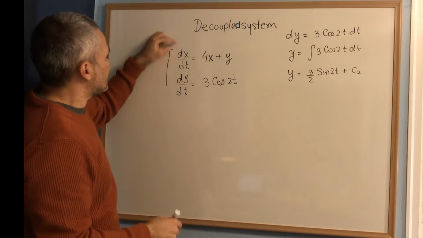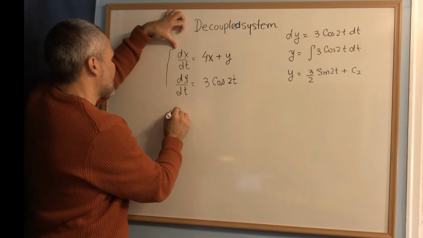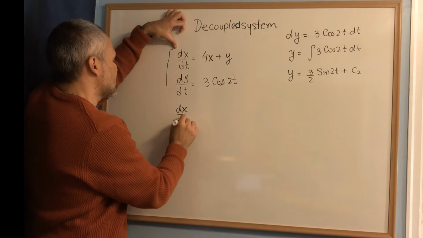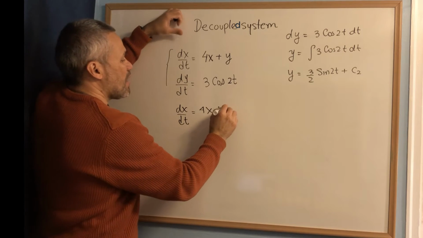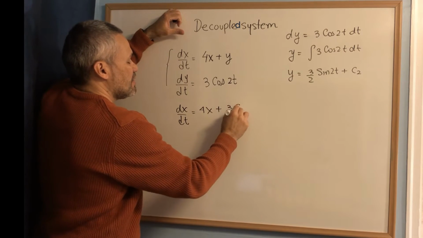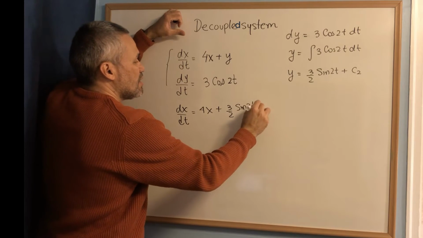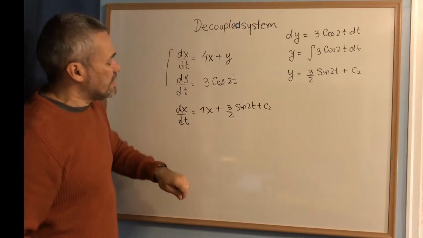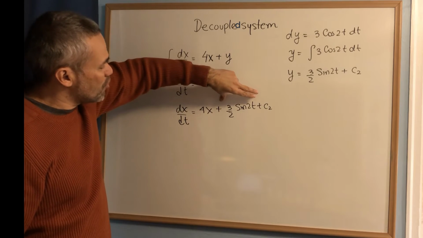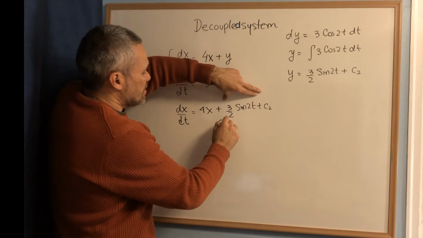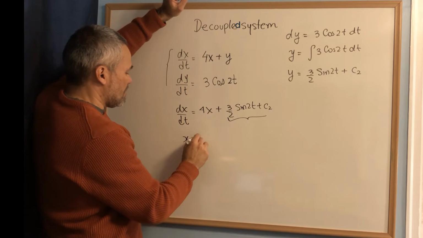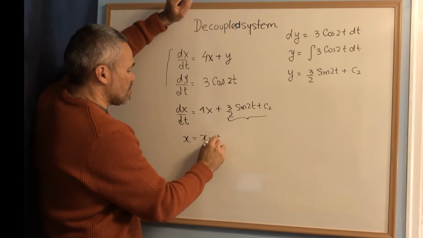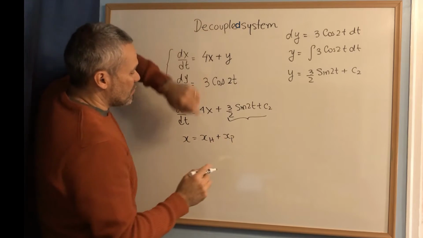We replace that here, and then we get that dx/dt equals 4 times x plus y, which is 3/2 sine of 2t plus c2. This is a non-homogeneous equation. This is the non-homogeneous part. Then the solution is x equals the solution of the homogeneous plus the particular solution.